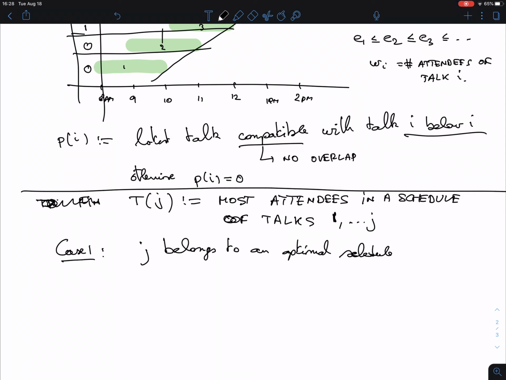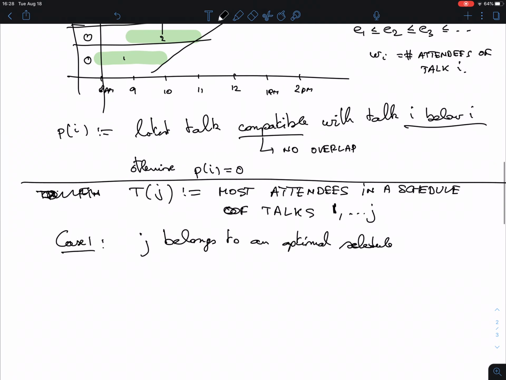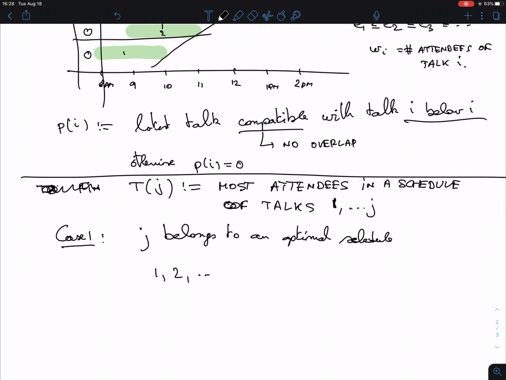It is a schedule that has the most people, right? It's a solution of our problem. So suppose that it belongs to an optimal schedule. What does this now mean? Well, let's think about what it tells me about the schedule involving all the way up to p_j. Let's think about those talks.